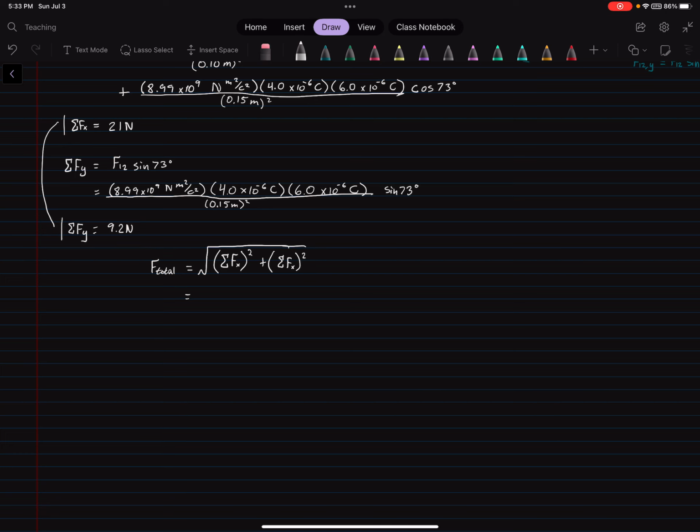And so that's equal to 21 newtons squared plus 9.2 newtons squared. And if you compute that, you get a magnitude of 23 newtons. That one we can box in because that was one of the answers it was requesting.